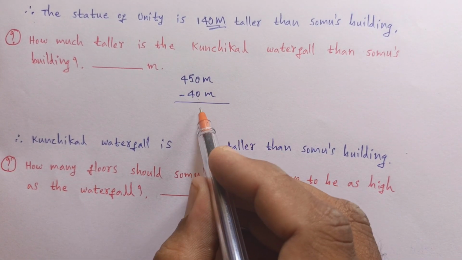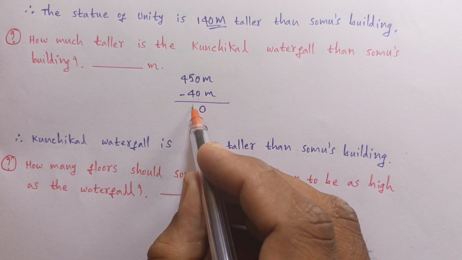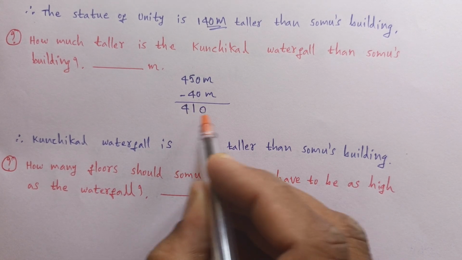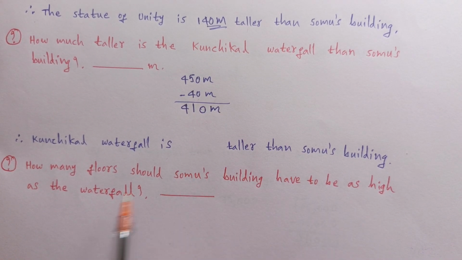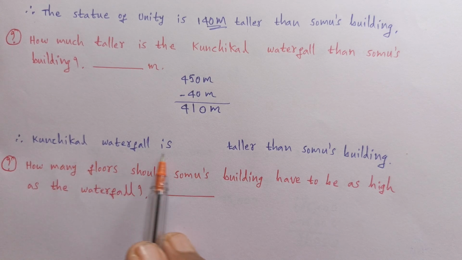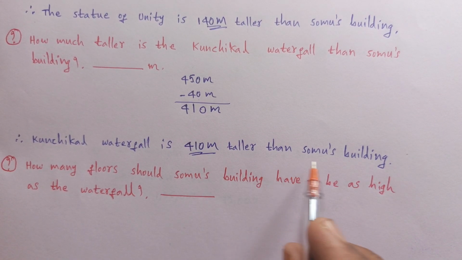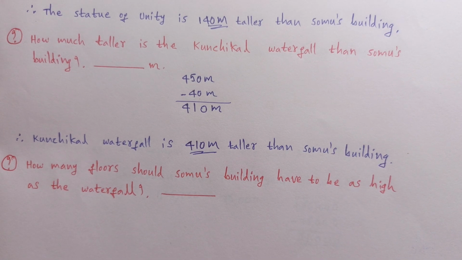So in ones place again 0 minus 0 is 0. Tens place 5 minus 4 is 1. And hundreds place 4 minus nothing means 4. So this is 410 meters. Therefore the conclusion is Kunchikal waterfall is 410 meters taller than Somu's building.